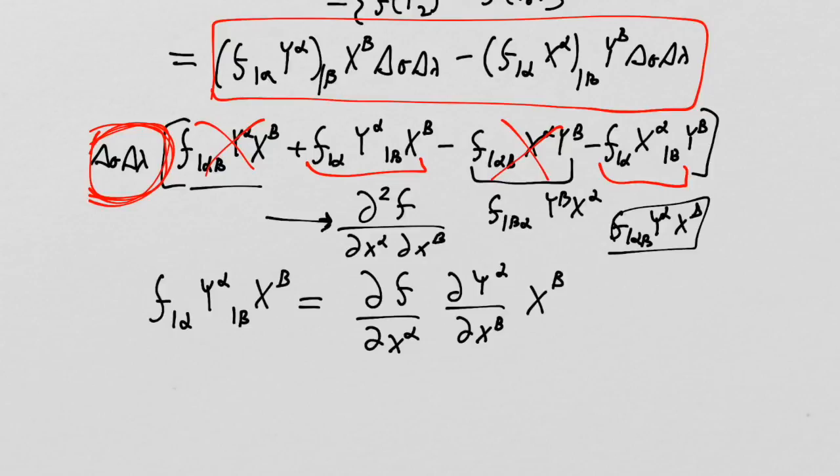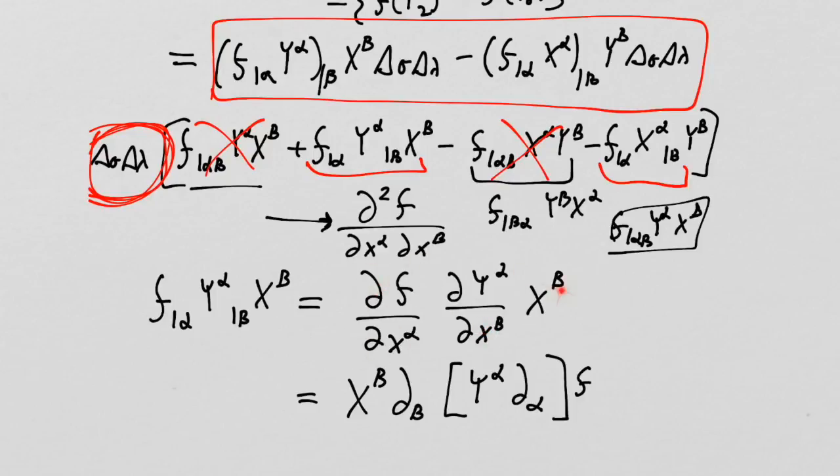So now we rearrange this a little bit to be suggestive. I take the x beta, move it to the front, take this derivative, take this term here, move it to this side. That's what this is. This piece here is the partial derivative of f with respect to x alpha.